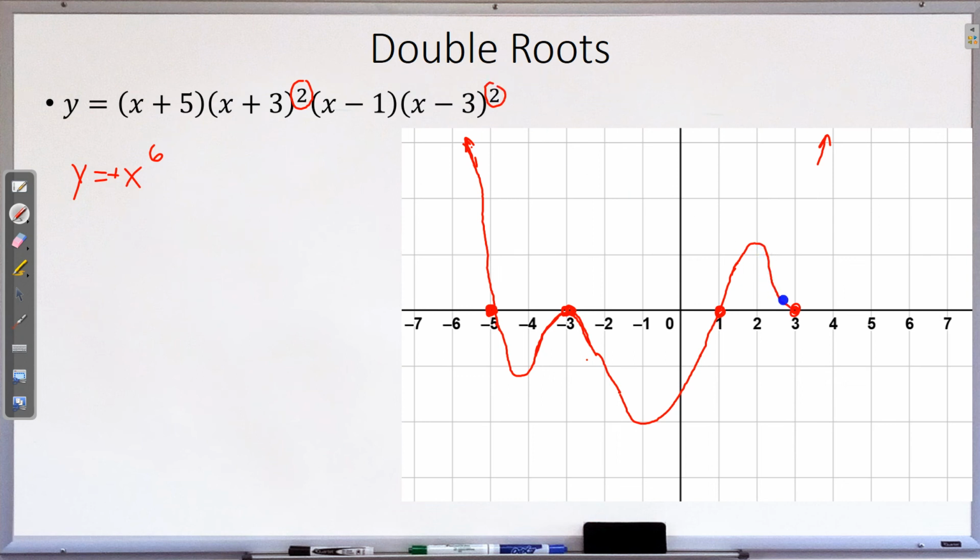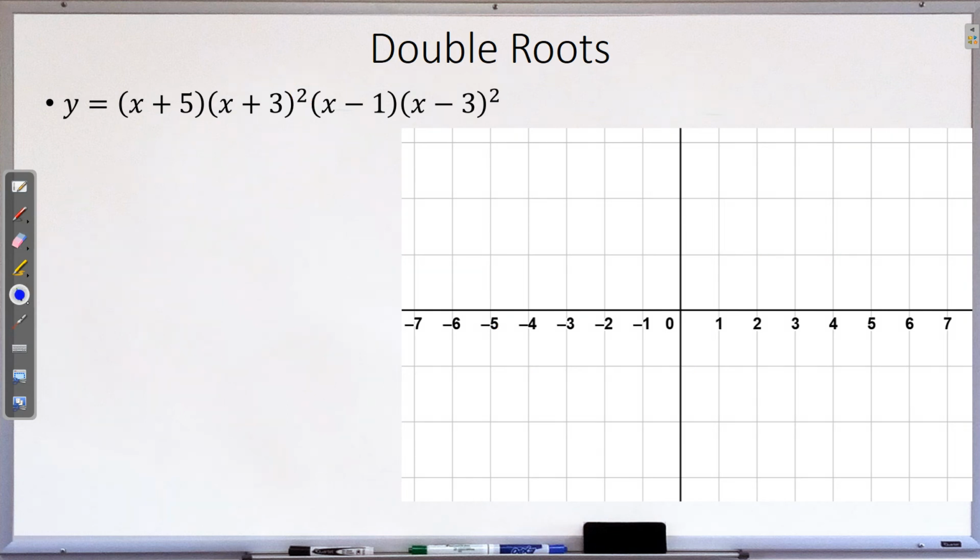So I'm going to hit the 3, make a nice parabola, and then go up. And you can see, because I bounced, that sets me up for my end behavior just perfectly. So that one looks really complicated, but that gives us a decent sketch of what this graph might look like. So double roots, you have to bounce off.